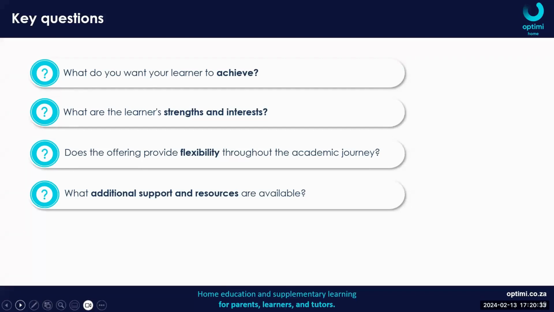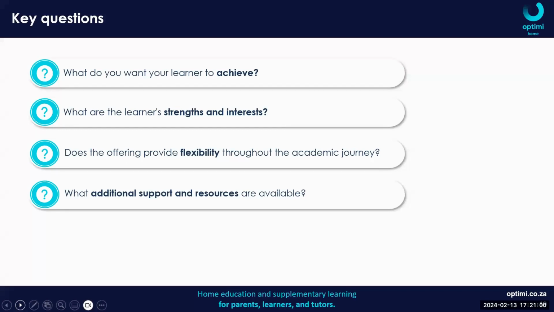Also, when you look at your child's academic journey, then something such as home education does provide for flexibility. And we often hear of learners who could not cope in a mainstream school due to them being somewhere on the spectrum or with severe ADHD or ADD, and they just can't cope in a classroom with 40, 50 other kids.